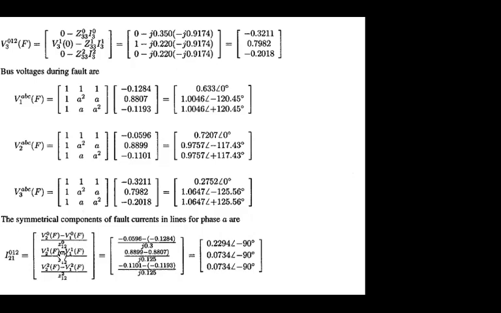This is the impedance information from the sequence impedance diagram. This is not the Z value, this is the small z impedance value, and this is V21, from the positive sequence network circuit. So you will have all the information now in your hand, right? So you can find I21 in the 0, 1, 2 domain.